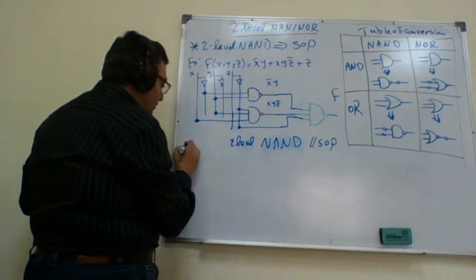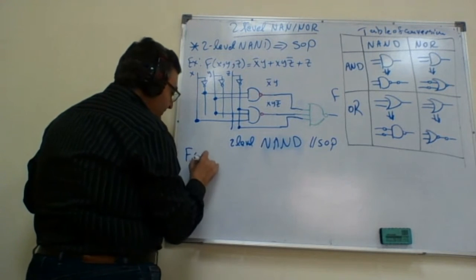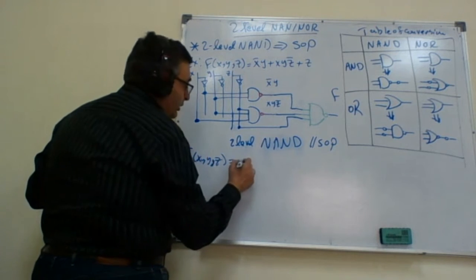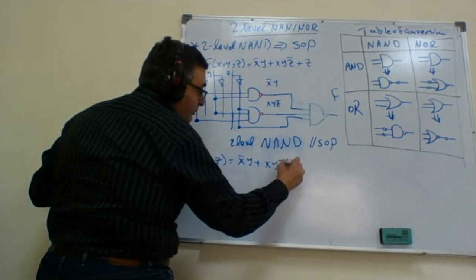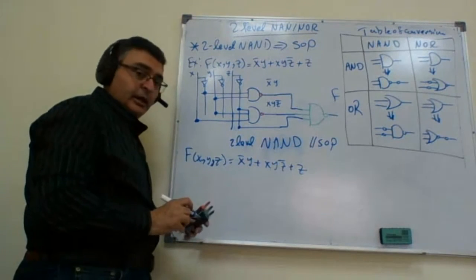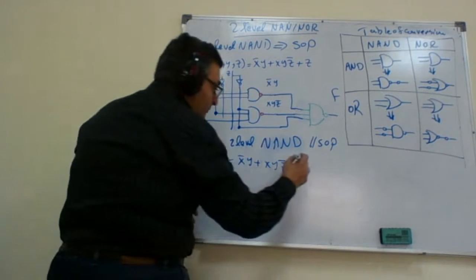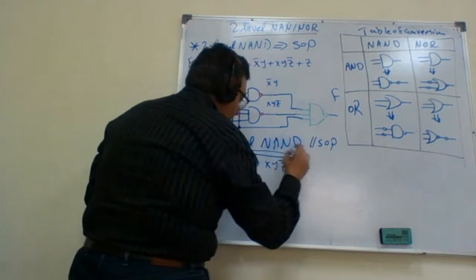So the equation for f is telling me that f of x, y, and z equals x bar y or y bar z or z. How can I achieve two-level NAND on the equation? Simply by putting 2 bars over the whole equation.